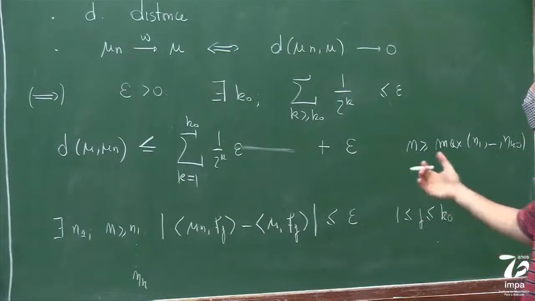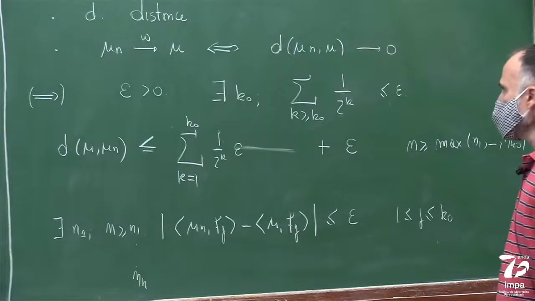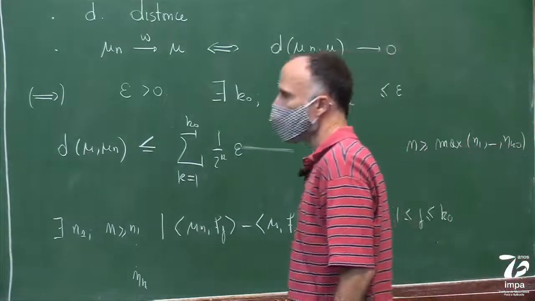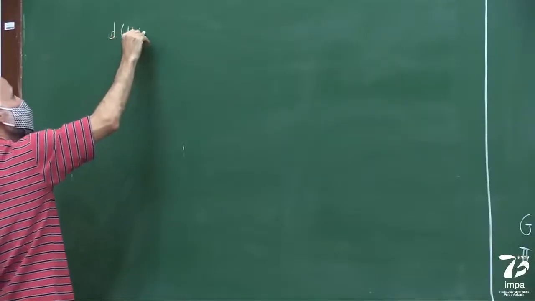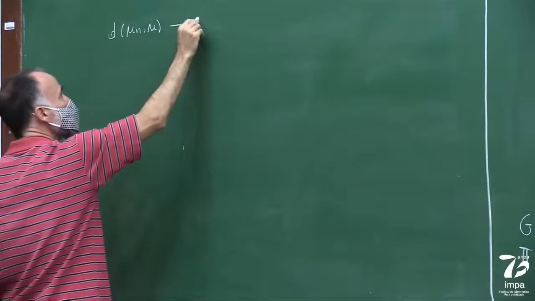Now assume that the distance converges to 0, and so let's prove the converse. So assume that the distance between mu n and mu is converging to 0.